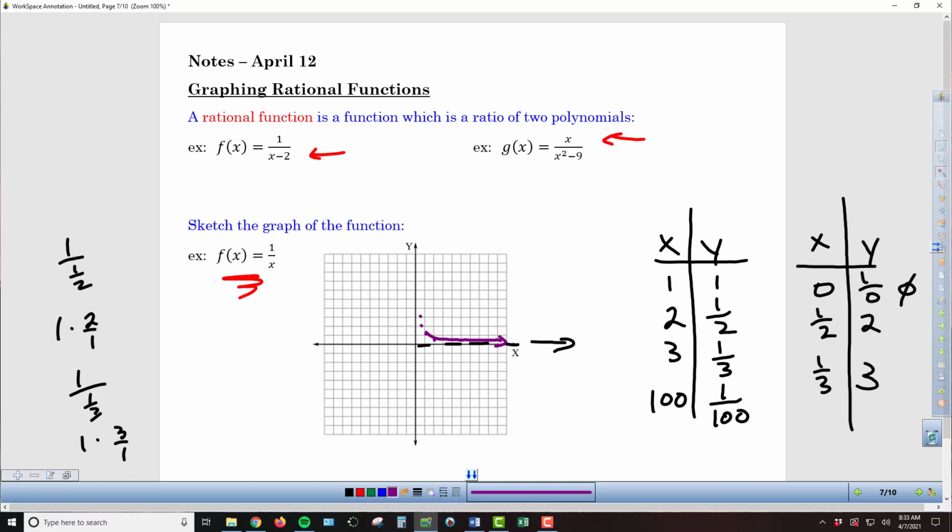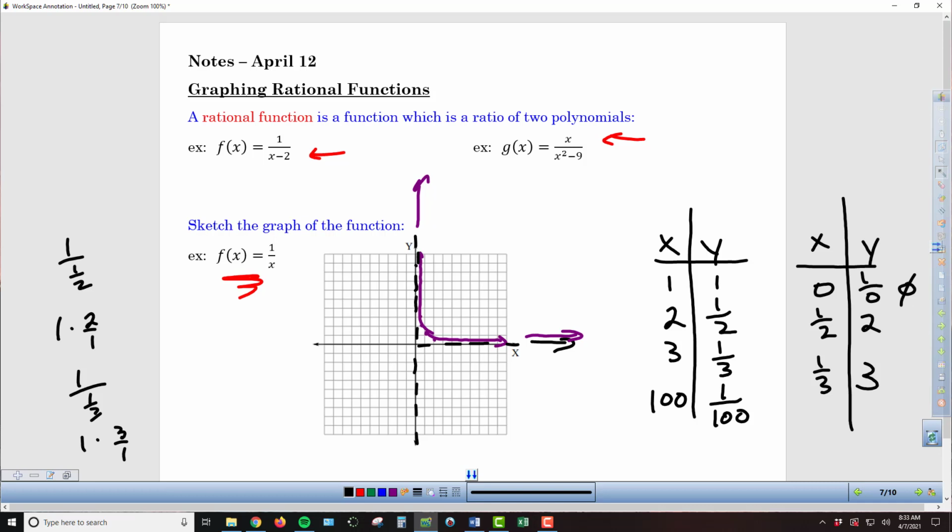Or in other words, my graph is shooting upwards as I get smaller and smaller inputs, inputs that are closer and closer to 0. So we have this shape of this graph where as we go farther and farther out to the right, we're approaching the x-axis, but as we get smaller and smaller inputs, approaching 0, our graph shoots up to positive infinity. And so again, we have another asymptote, but this time it's vertical, that's running along the y-axis, a line that the graph approaches and cannot cross.